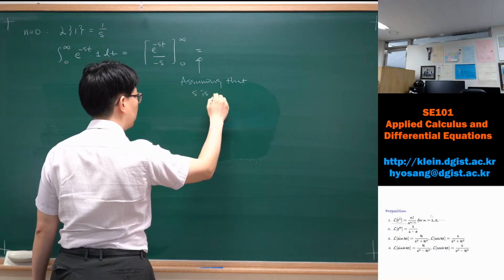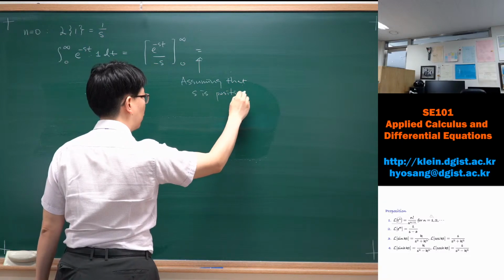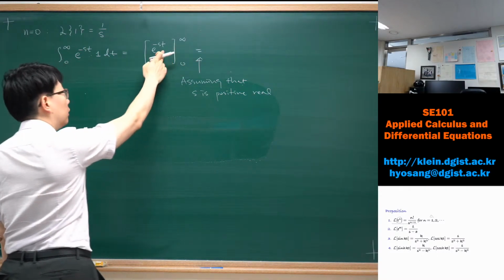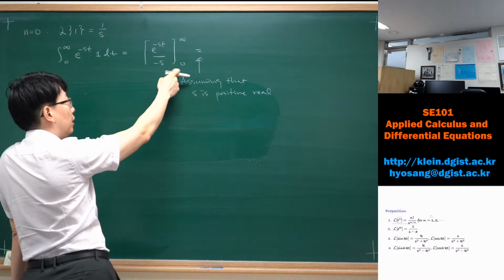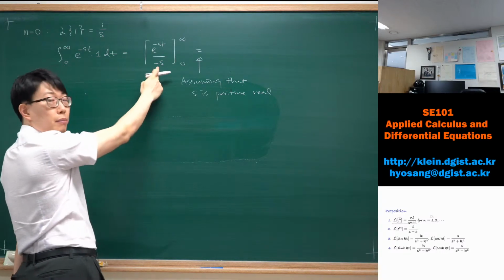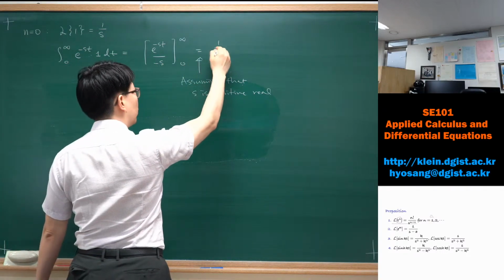So when t goes to infinity, this all becomes 0, and when t goes to 0, this becomes 1. So this is minus 1 over s times minus 1. So this is 1 over s.